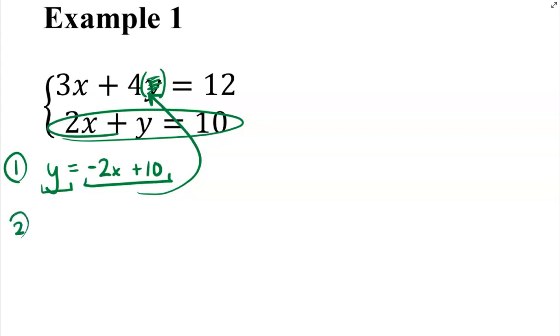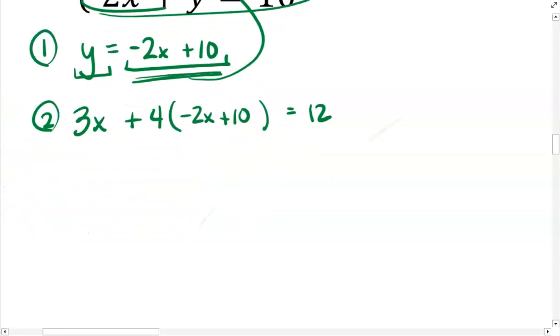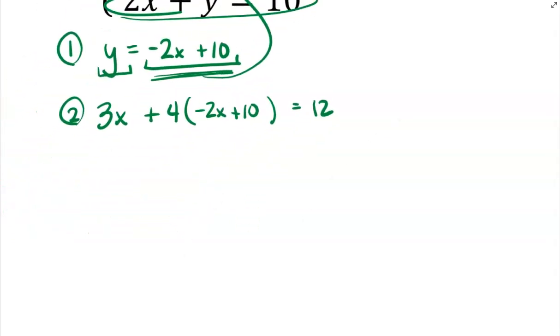So this is step two. We are substituting this isolated expression for the same variable in the other equation. So I'm going to jot down 3x plus 4 times y. What used to be the letter y will now become negative 2x plus 10. And all of that is still equal to 12 according to the original equation.